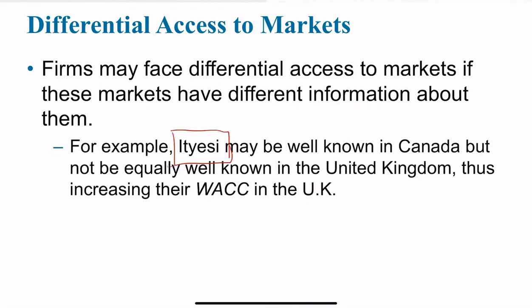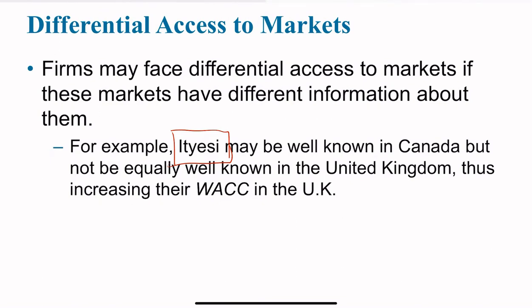This firm is a firm in Canada. Let's imagine that this is a well-known firm in Canada. So this basically means potentially it will have an easy time to find financing domestically, right?